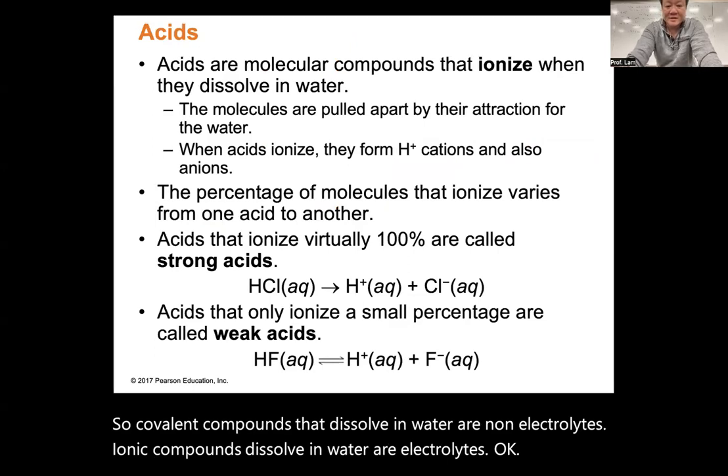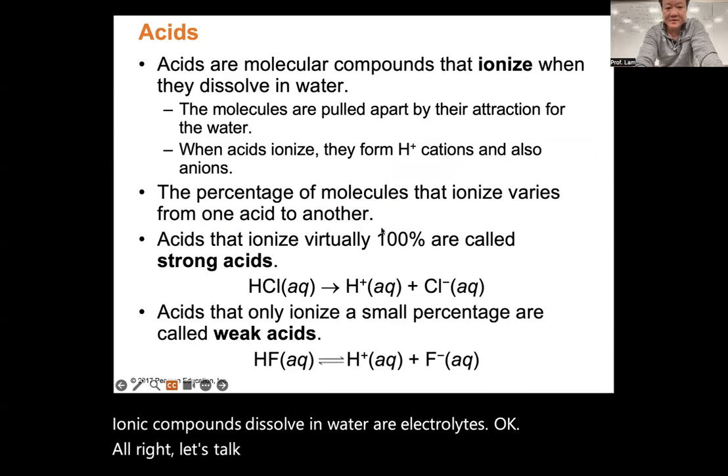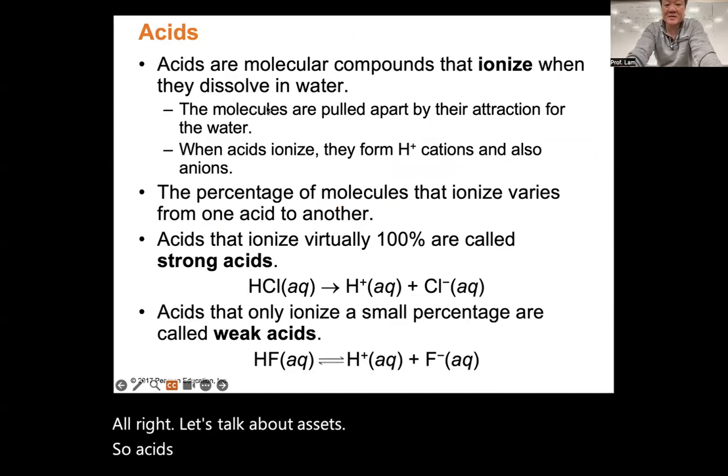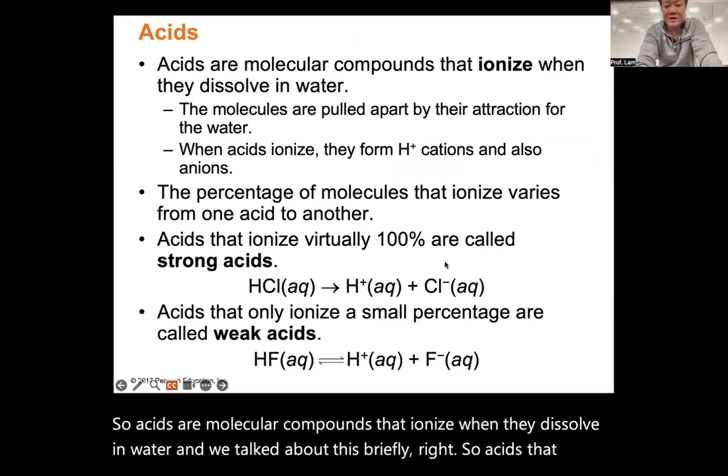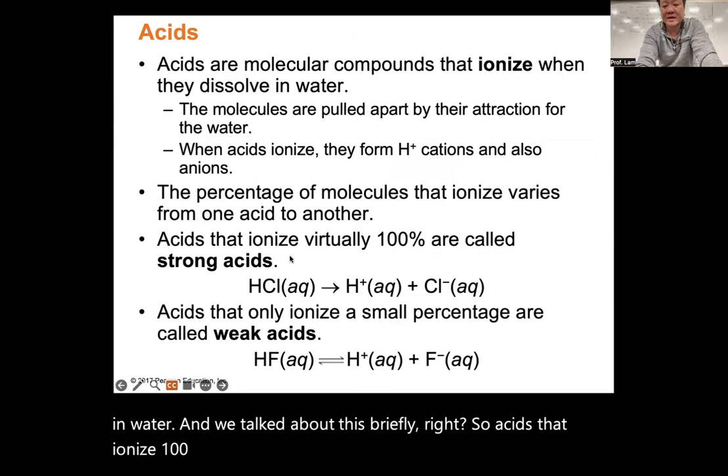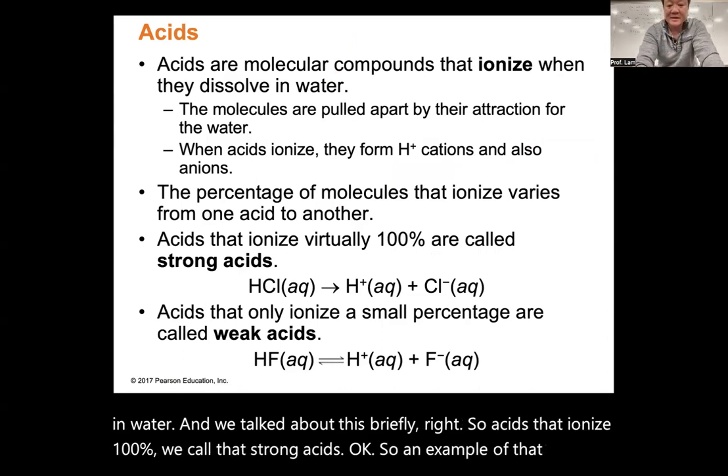All right, let's talk about acids. So acids are molecular compounds that ionize when they dissolve in water. And we talked about this briefly. So acids that ionize 100%, we call strong acids. An example of that is HCl.